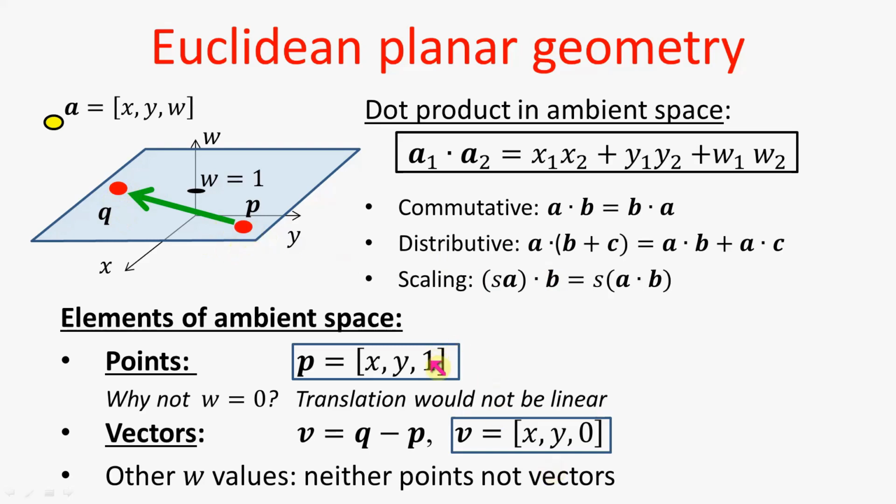The constant 1 value in the extra coordinate would disappear, so we can conclude that valid vectors must have a 0 in the w position. Otherwise, the vector would point out of the geometry. So summarizing, in two-dimensional Euclidean geometry, a point is described by 3 numbers, and the third number is 1 for points and 0 for vectors.